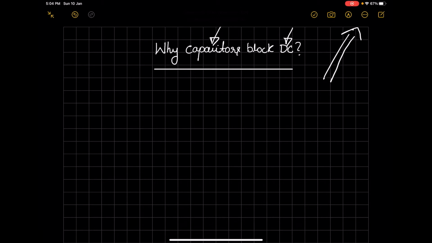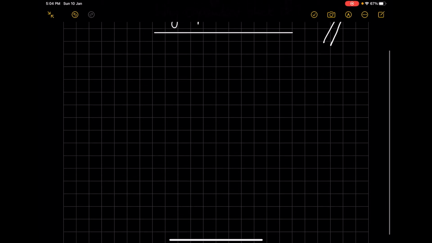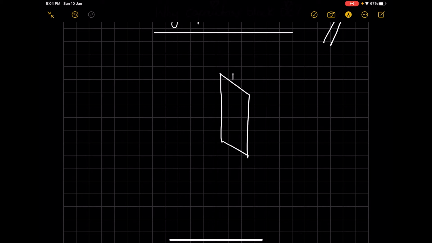To understand what a capacitor is, it is nothing but a device with two conductive plates which are parallel to each other. So this is plate 1 and this is plate 2, and they have a gap which is non-conductive.